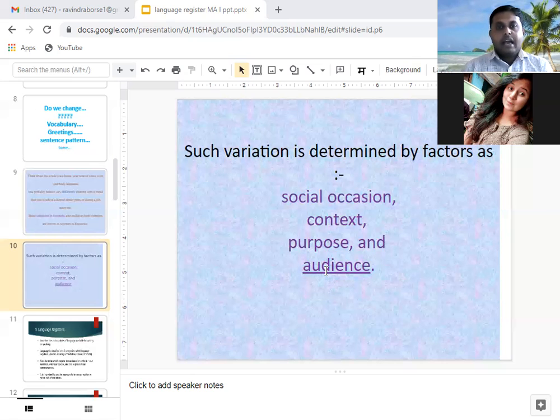Or if you go to a library and demand a deed, that is illogical. So register means the contextual use of a language, right? So an appropriate type of language is used as per the demand of the situation, that is register.